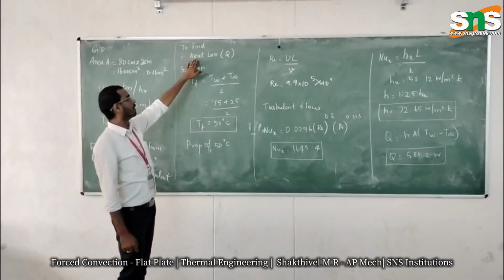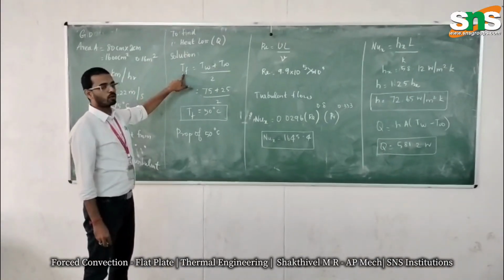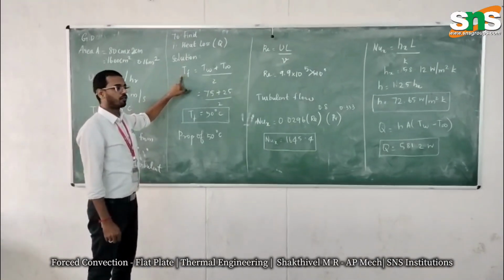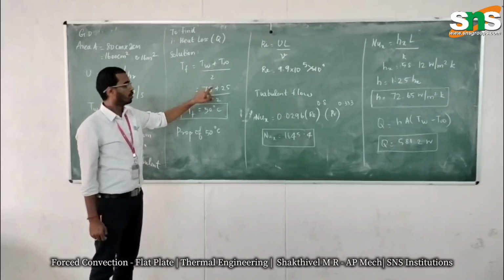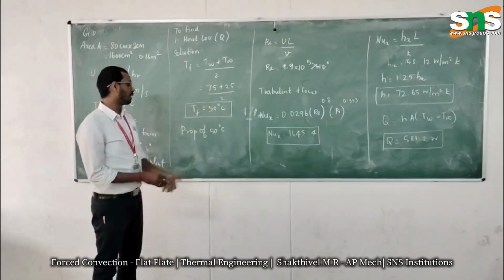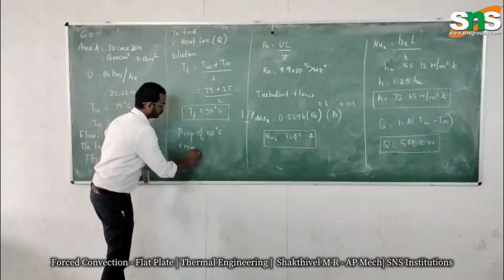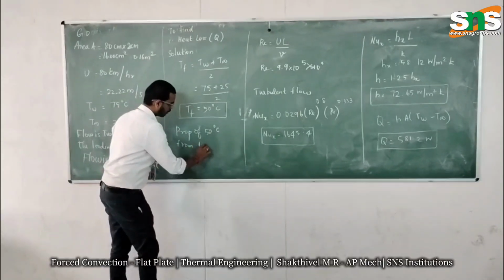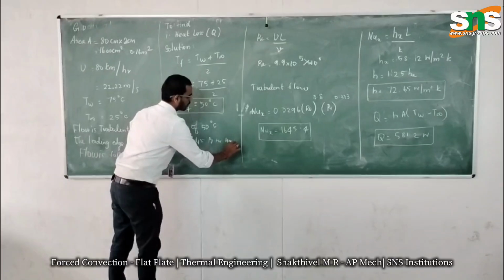So we have to find the heat loss Q, and the first step is we have to find TF, that is film temperature, that is TW plus T infinity divided by 2. So 75 plus 25 divided by 2, 100 divided by 2 is 50. So we can take the properties of 50 degrees Celsius from page number 45 of the HMT data book.